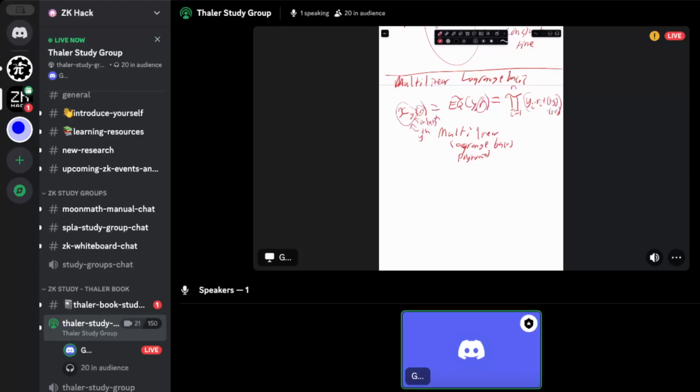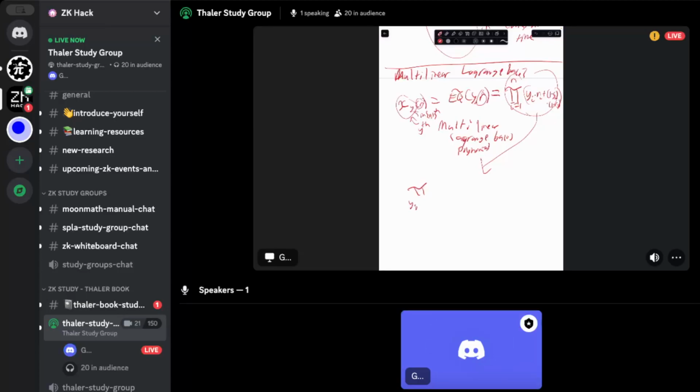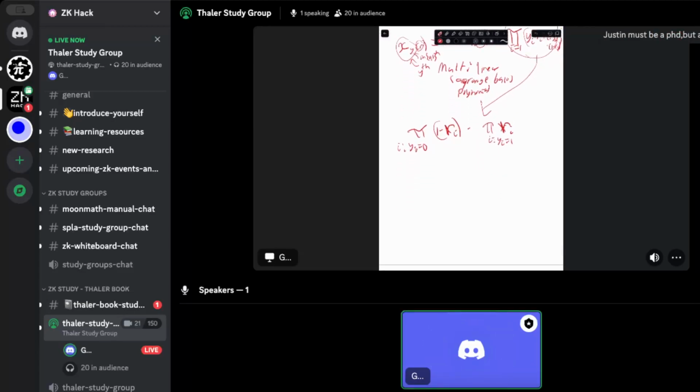There's one Lagrange basis polynomial for every point y in {0,1}^n, which means another way of writing this is, if yi is 0, then we get a 1 minus ri. And if yi is 1, we get an ri. Let me do a quick example for n equals 2.